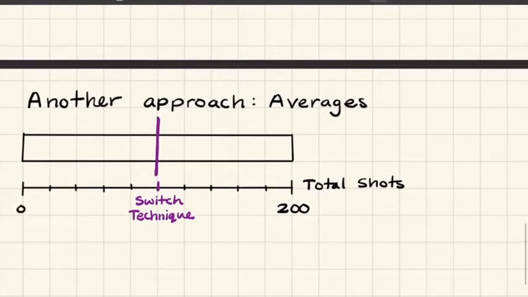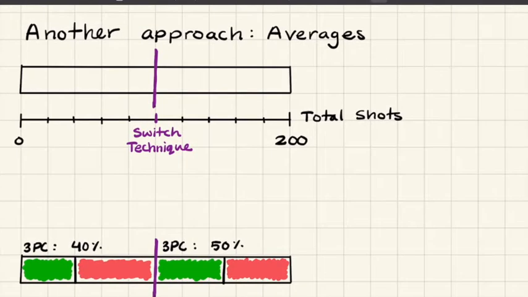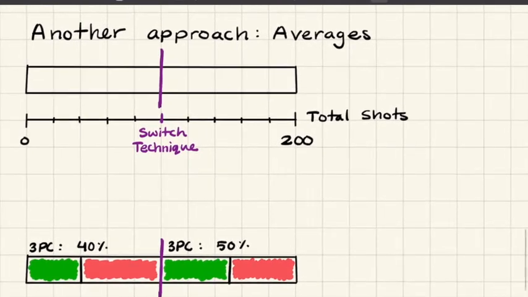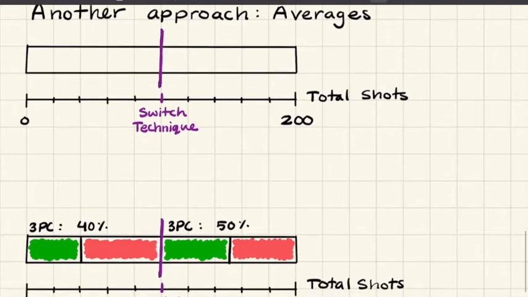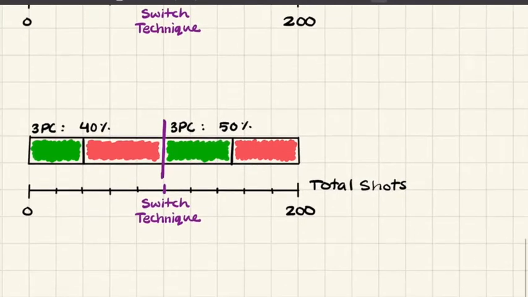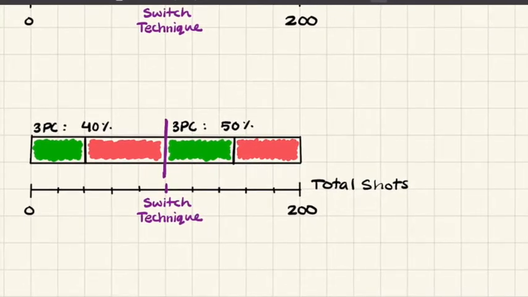Another approach is averages. So let's say Maya takes 100 shots before switching techniques, and then 100 shots after. Then from this diagram, we could see that, again, I just chose 40%, just because it's less than 50, and then after the switch, the 3-point percentage goes to 50%.